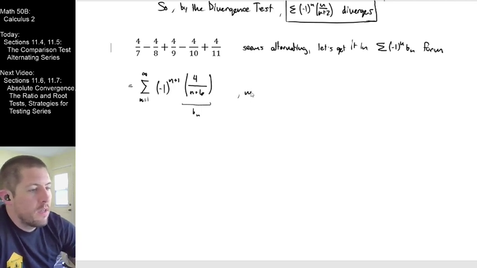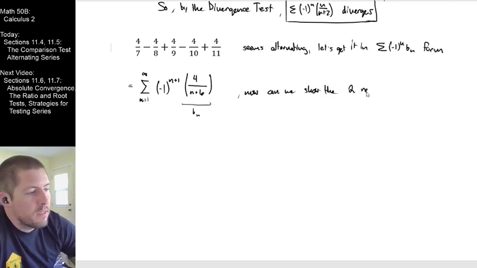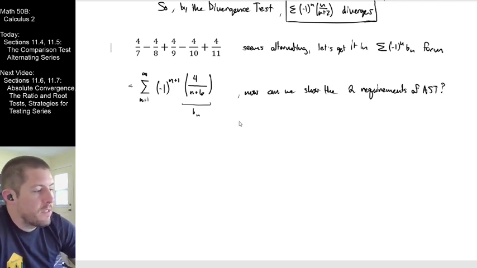So now can we show the two hypotheses, the two requirements of the AST? The first thing that we want to show is that it is a decreasing sequence.